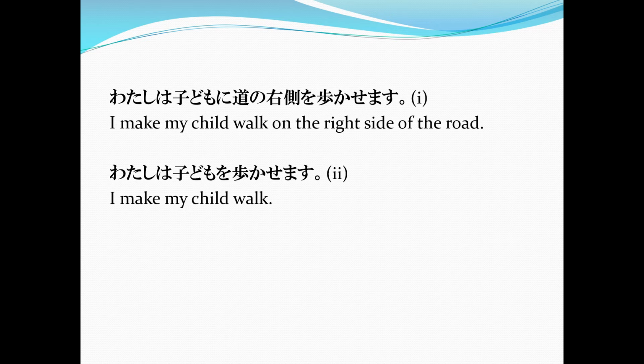Again, in the first example, an intransitive verb with a noun, which is the place, o is used in the sentence because the subject of the action is indicated with ni. But in the second example, without a phrase with o, the subject of the action is indicated with o. Right? In the first one, we have kodomo ni, and then in the second one, we have kodomo o. Wakarimashita, minasan?